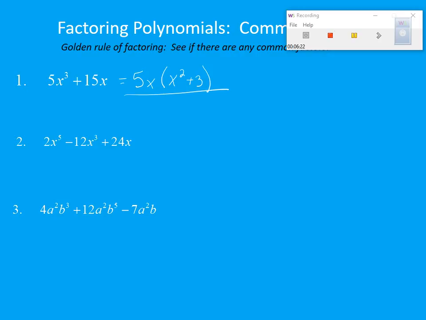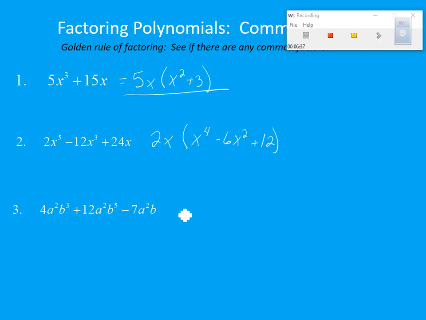When I look at my number 2, it looks like they have a 2 and an x in common, which leaves me an x to the 4th minus 6x squared plus 12. Same thing with my number 3. Don't panic when there's not a number in common. There's no number that goes into 4, 12, and negative 7 other than 1.